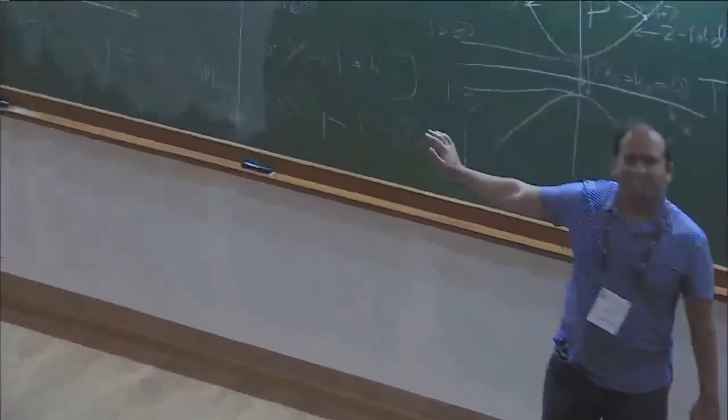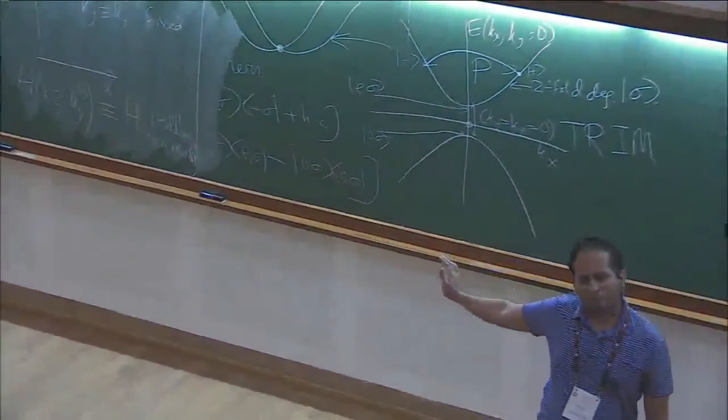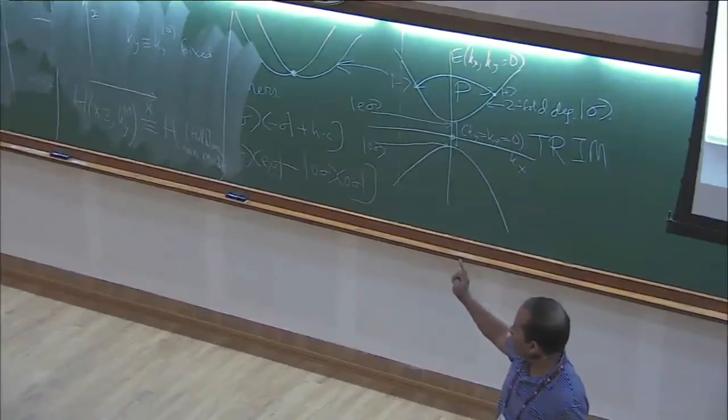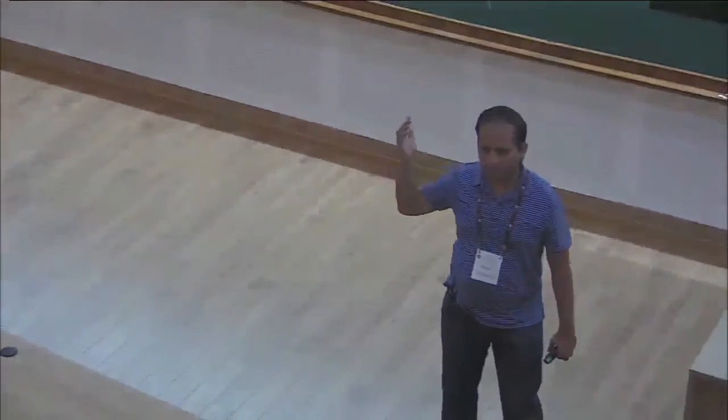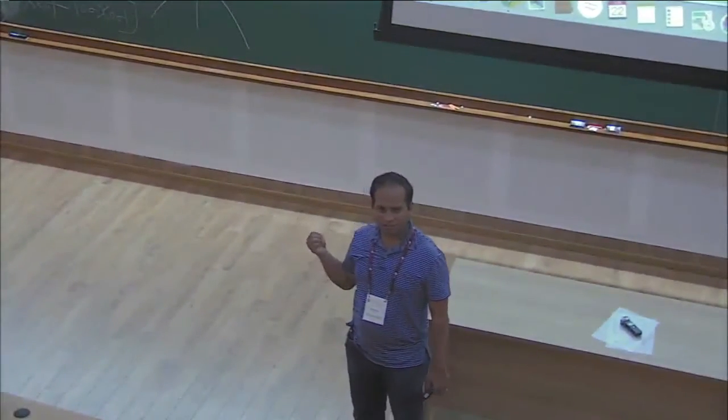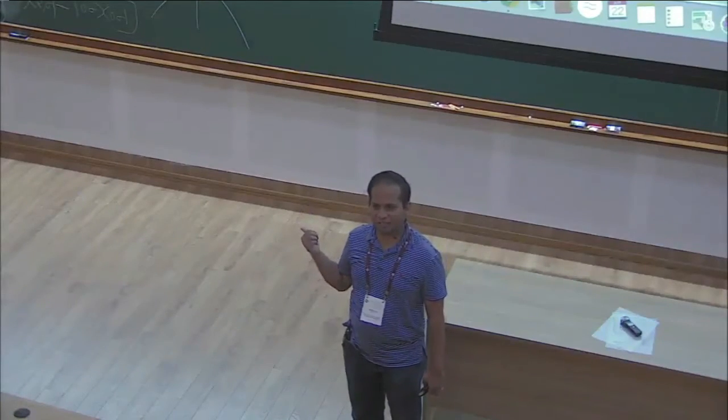Okay, great. So the question to you guys is, what does that tell you about the surface state? Let's say I had a Chern number of 1 for this. What does it tell you?